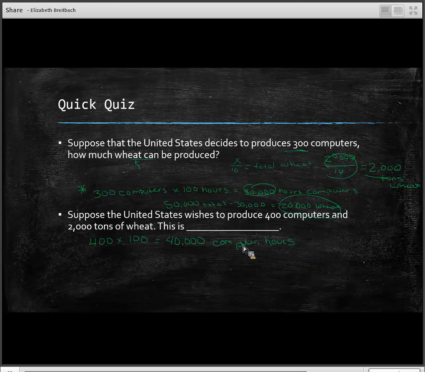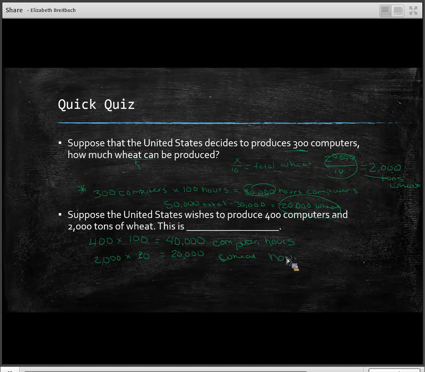And then we have 2,000 tons of wheat, and it requires 10 hours to produce 1 ton of wheat. And so that would be 20,000 hours, and we'll call that wheat hours.